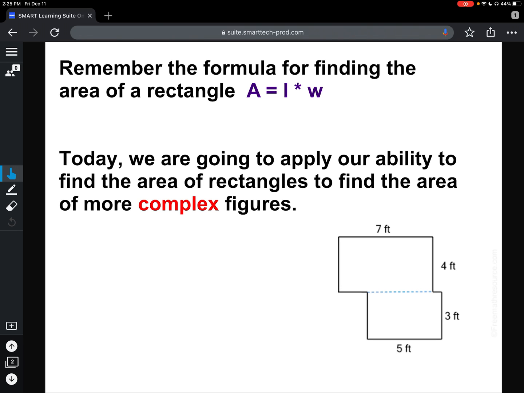Today we're going to apply our ability to find the area of rectangles to find the area of more complex figures, like the one shown below. You're going to use your knowledge that area is length times width to be able to find the area of more complex figures.